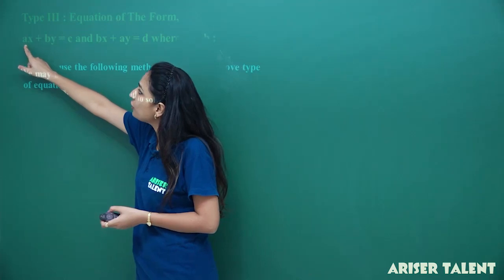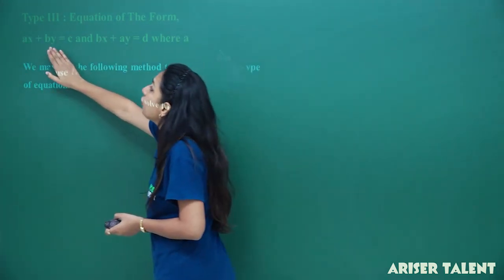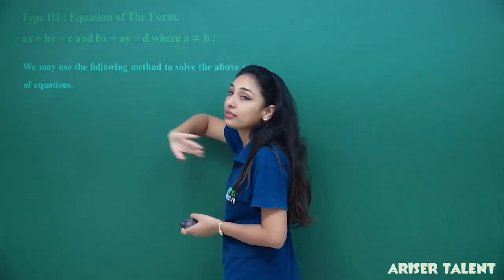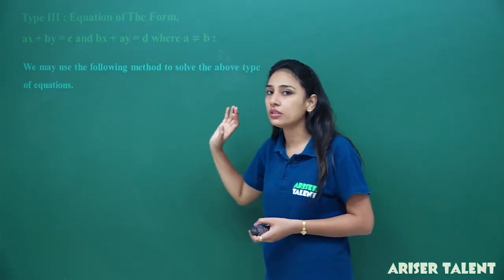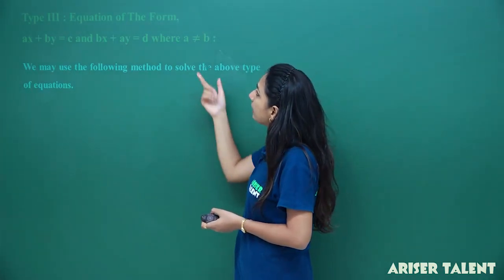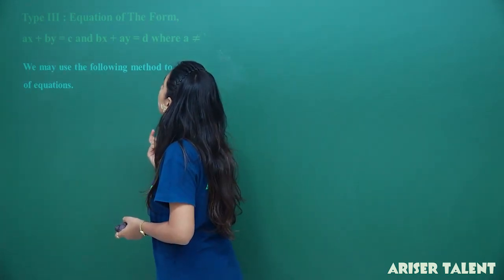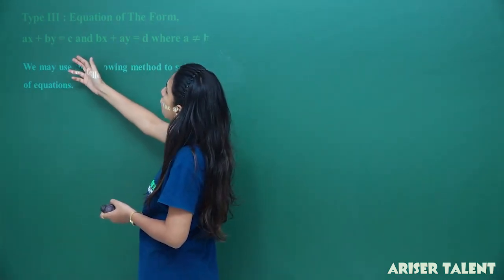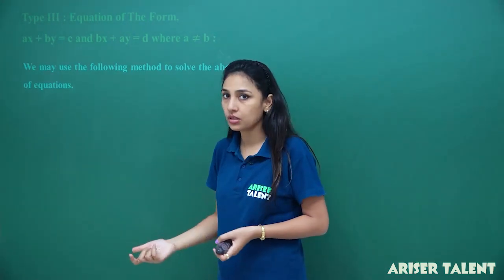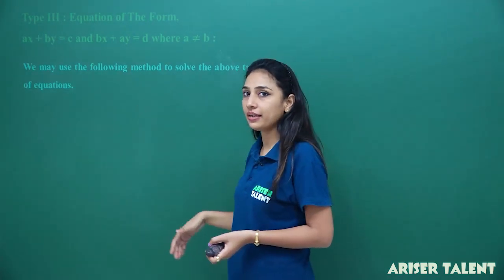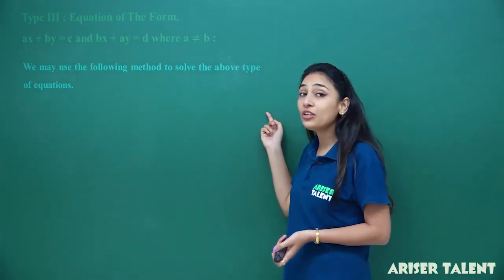Now, the coefficient of x becomes the coefficient of y and the coefficient of y becomes the coefficient of x. And we have some c and d, which are different constants, right? Here a is not equal to b. This is for sure confirmed, because if a is equal to b, the equation will be the same. There will be no two different equations. So, we may use the following method to solve the above types of equation.